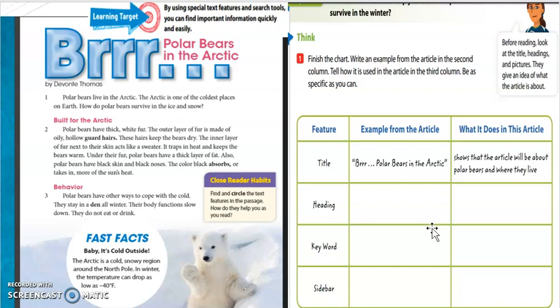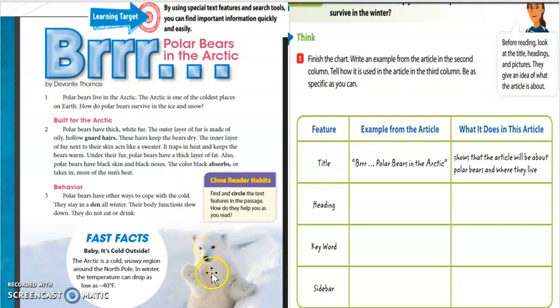So before we get started, let's look at our learning target. Our learning target reads, by using special text features and search tools, you can find important information quickly and easily. Well, let's look at our title and our picture as well as these headings, and see if we can identify what genre of text we're about to read. The title reads, Brrr, Polar Bears in the Arctic.